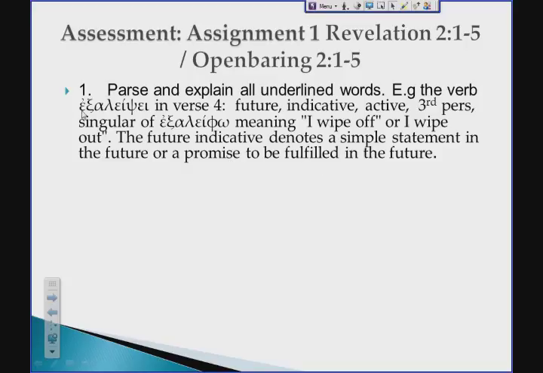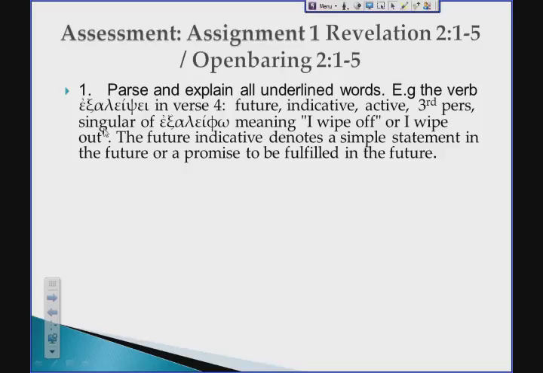And that is what I mean by parsing a verb, or analyzing a verb. You tell me all those eight things. It's future, it's indicative, and it's not passive, but it's active. The third person is involved there: he will wipe.